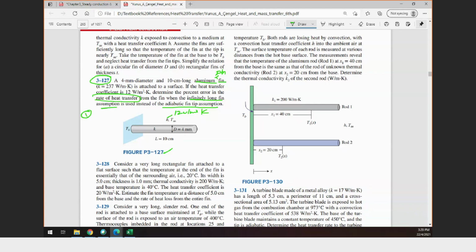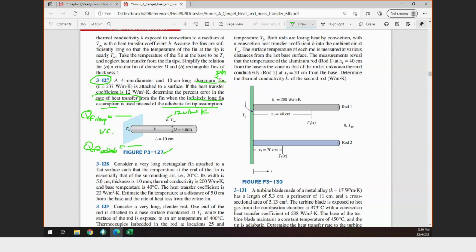So Q fin, first when you use the long fin equation, and then you need to compare versus Q fin for the adiabatic. Adiabatic means you neglect the heat transfer at the fin tip.